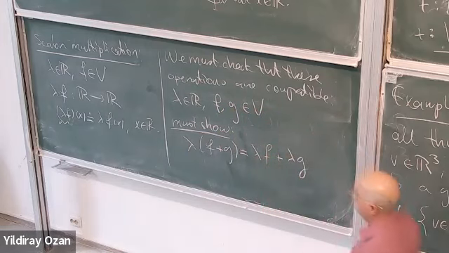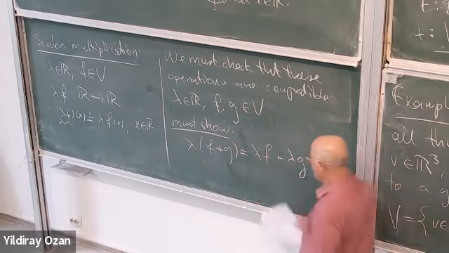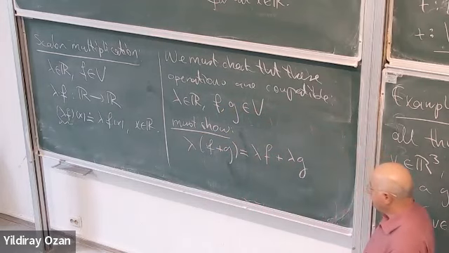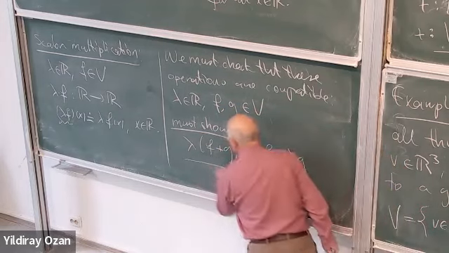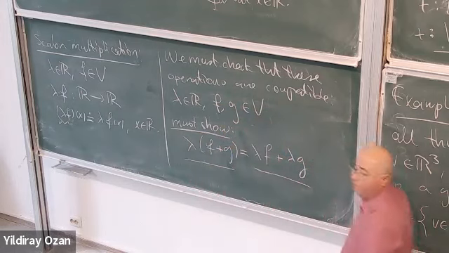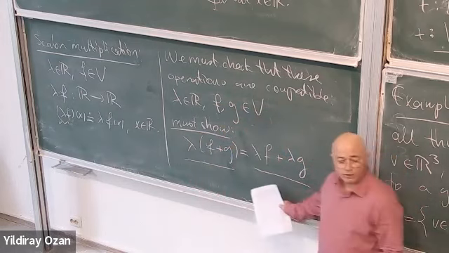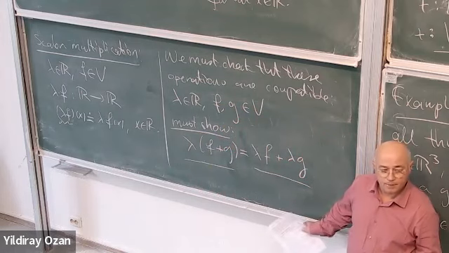We have to prove this. How can you prove this? Well, this is a function, and this is another function. I have to show that these two functions are the same.